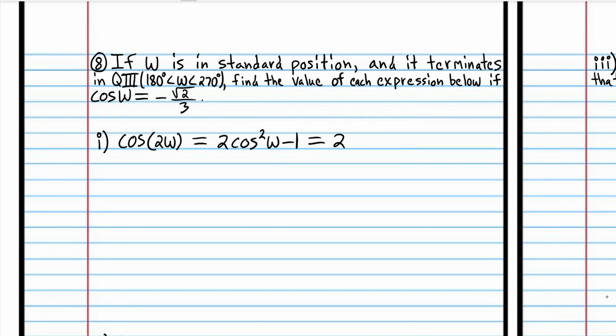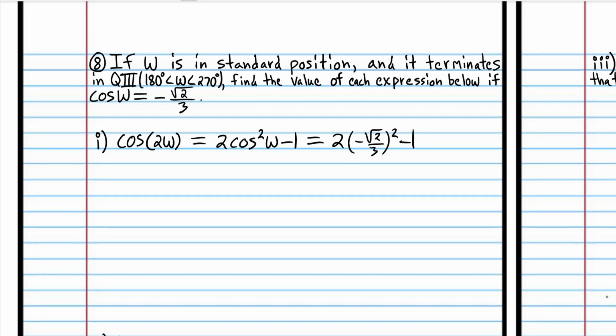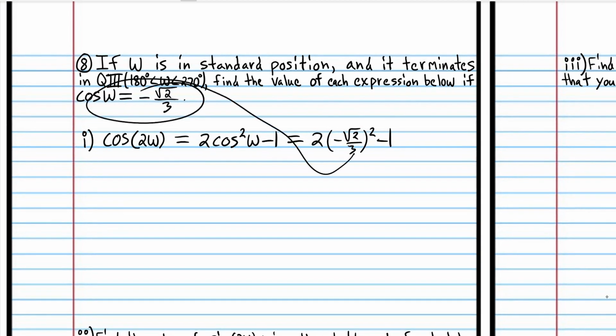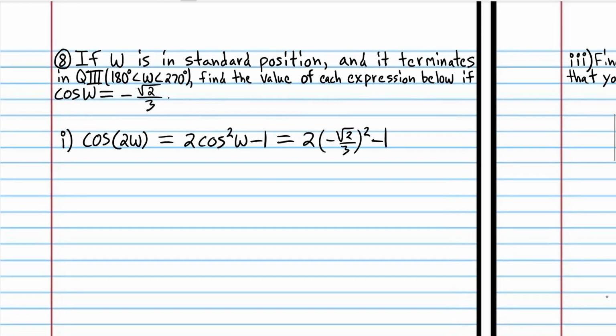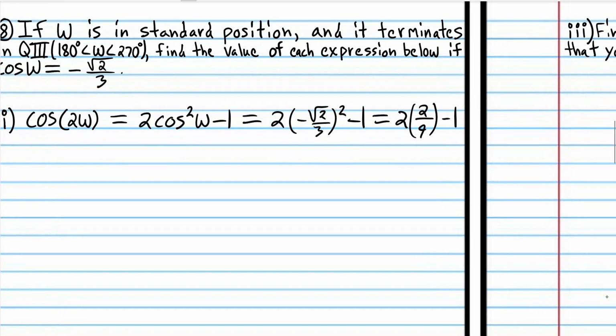And we can just plug in the value of cosine omega that they gave us in this problem. So we have 2 times 2 over 9 minus 1, and then we get 4 over 9 minus 1, which is negative 5 over 9.